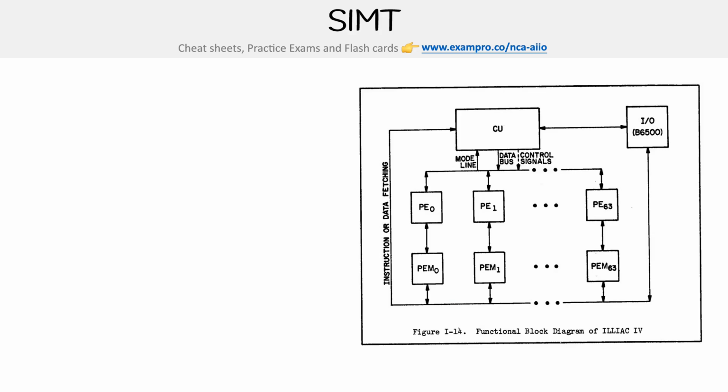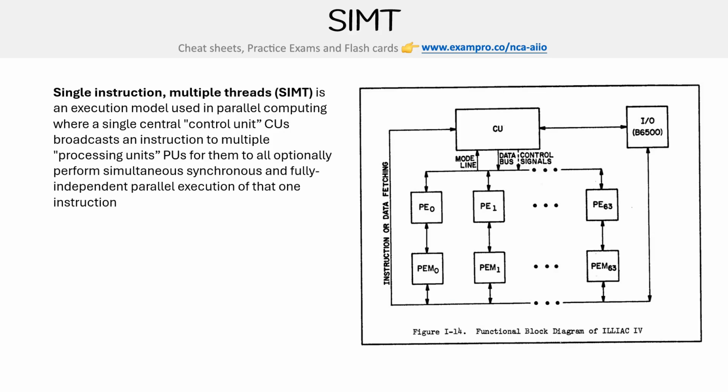Another term I came across that I wasn't familiar with, and we're going to cover, is single instruction multi-thread, SIMT. It is an execution model used in parallel computing where a single central control unit, and I'm going to get my pen tool out so we can look at it, the control unit here, or CU, broadcasts instructions to multiple processing units, which it says PEs here, but I believe these are the PUs, for them to all optionally perform simultaneous, synchronous, and fully independent parallel execution of one instruction.